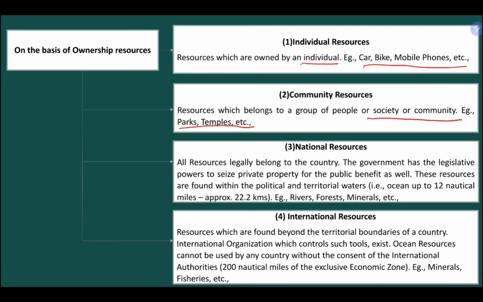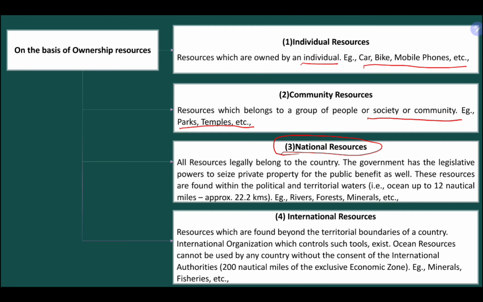The third one is national resources. From the name itself it is clear that it is owned by the government. All resources legally belong to the country. The government has the legislative powers to use them for the public benefit.